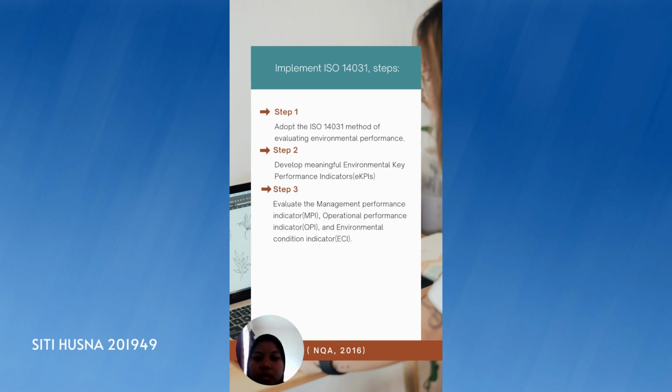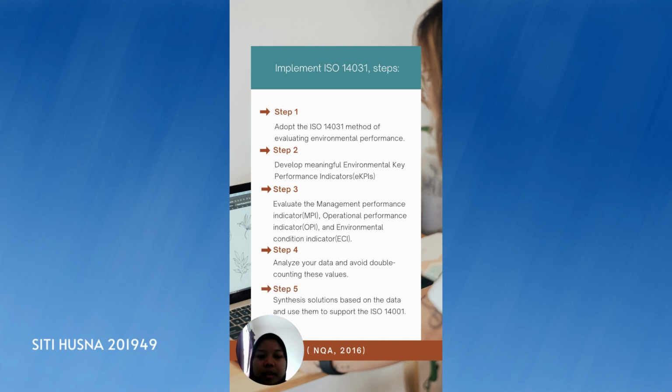The third step is evaluate the management performance indicator, operational performance indicator, and environmental condition indicator. Fourth step, analyze your data and avoid double counting these values. The last step is synthesis solution based on the data and use them to support the ISO 14001.